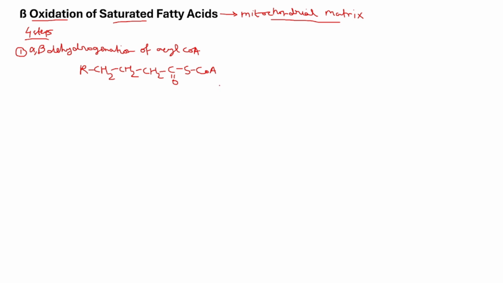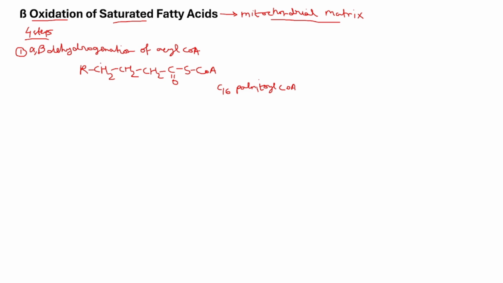Here we will take a C16 fatty acid, that is a 16 carbon long fatty acid molecule, which is called the palmitoyl CoA. Okay, so this is called the palmitoyl CoA because palmitic acid has a 16 carbon chain.